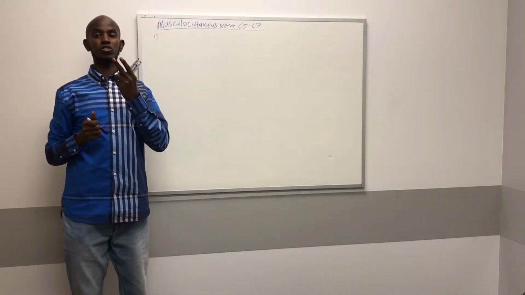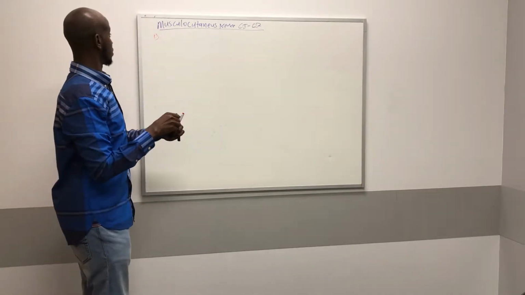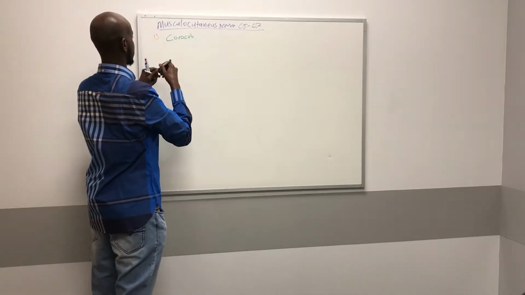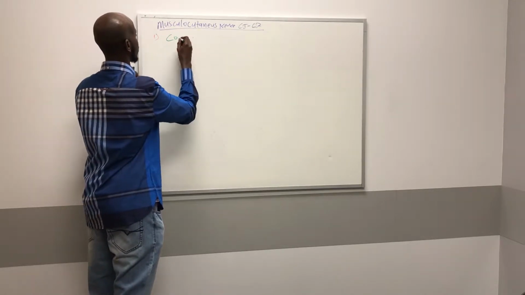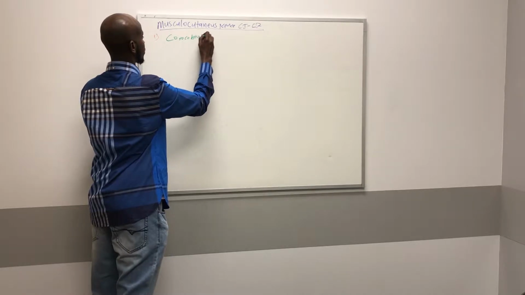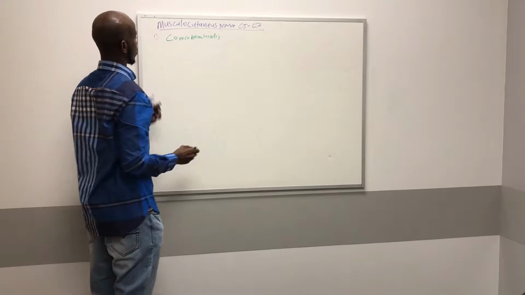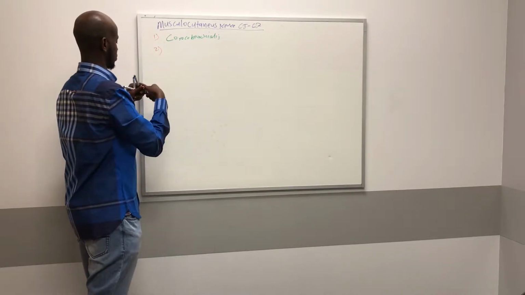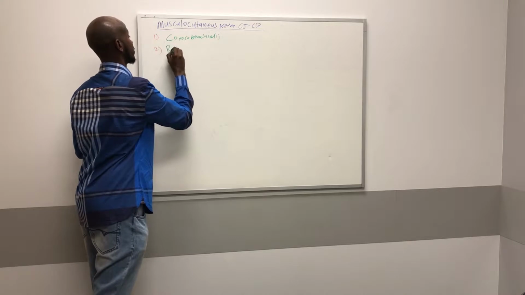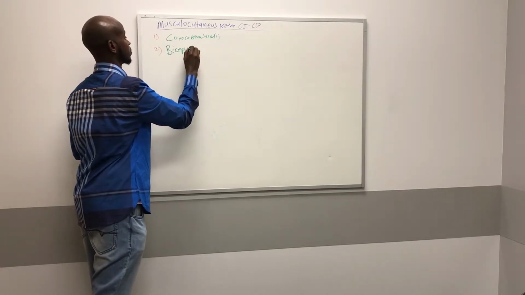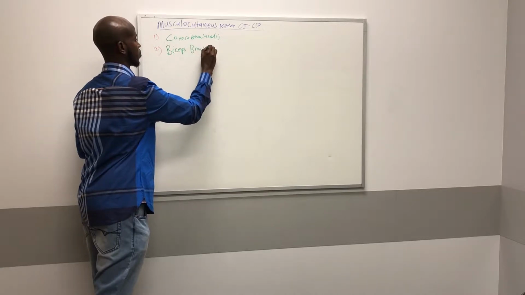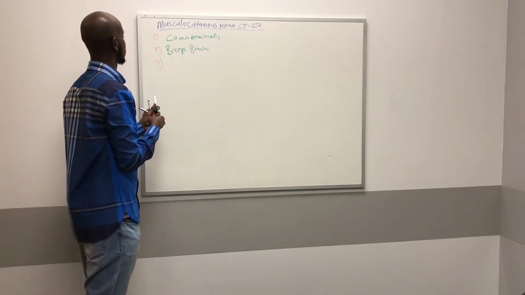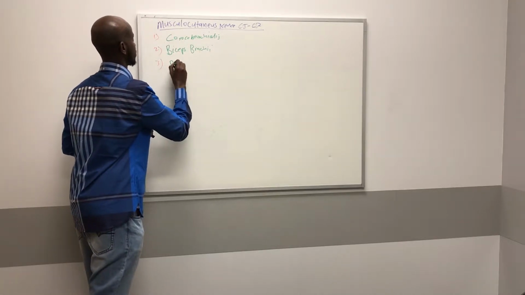The musculocutaneous nerve supplies only 3 muscles: coracobrachialis, biceps brachii, and brachialis.